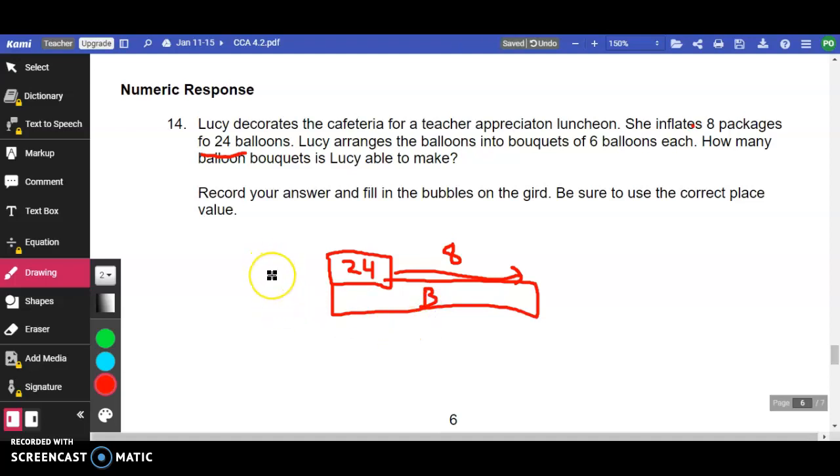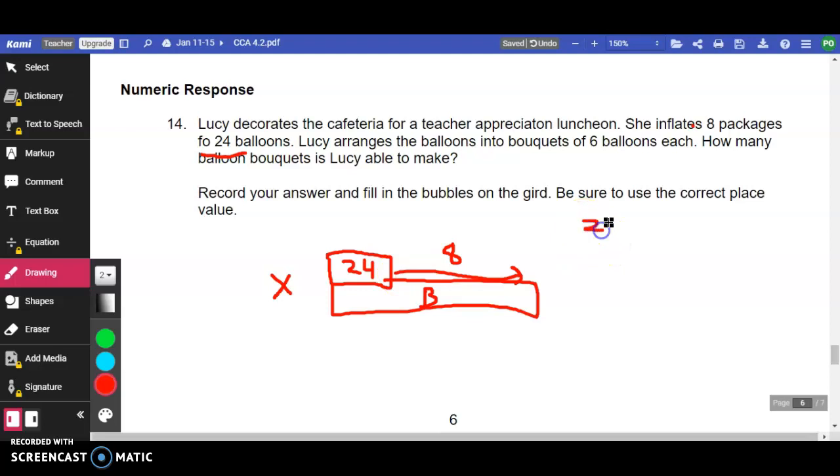What operation is this? It's multiplication. I do not know my total yet, so I will combine these numbers. And because I have equal groups of 24, 8 times, this is a multiplication problem instead of an addition problem.